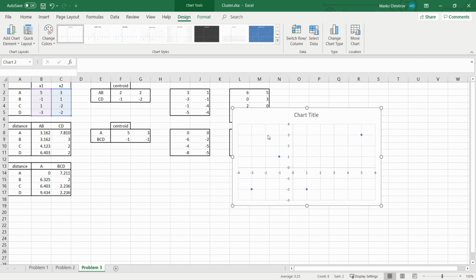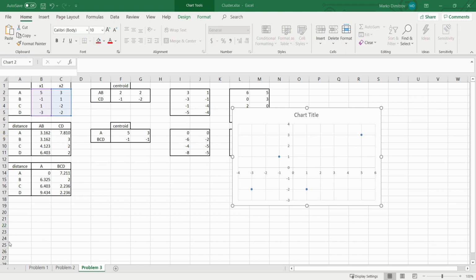Here those are our points. -1, 1 would be our point B.